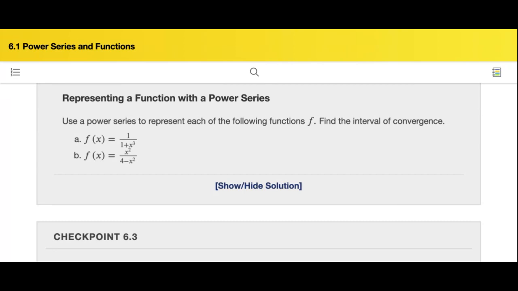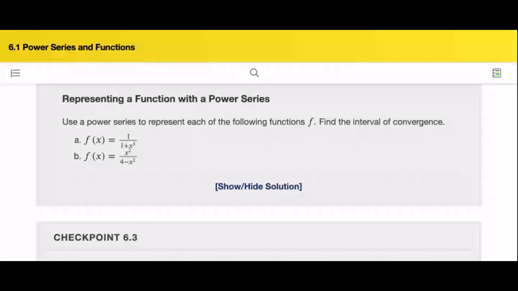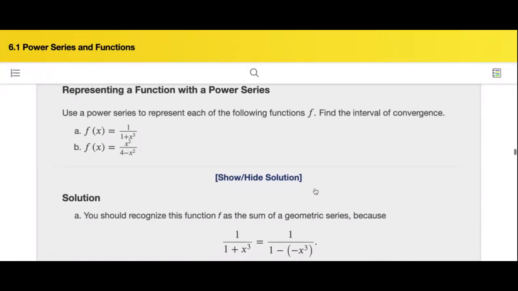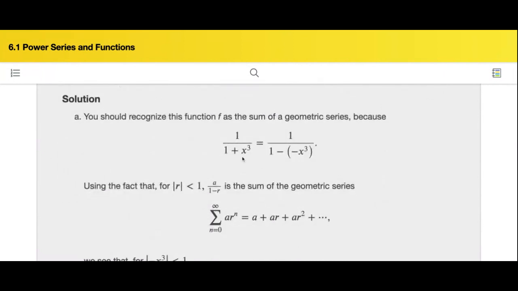Right, so we recognize A equals to 1 and R equals to negative x cubed. So that means we can write it as 1 plus negative x cubed, plus negative x cubed squared, and so on and so forth. So 1 over 1 plus x cubed, we write as 1 over 1 minus negative x cubed.